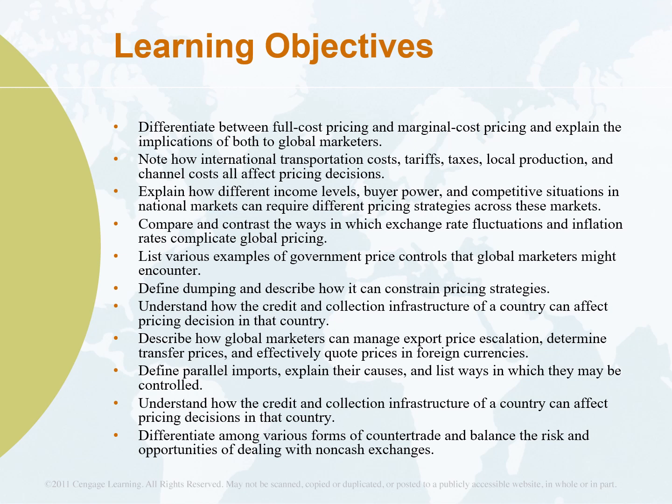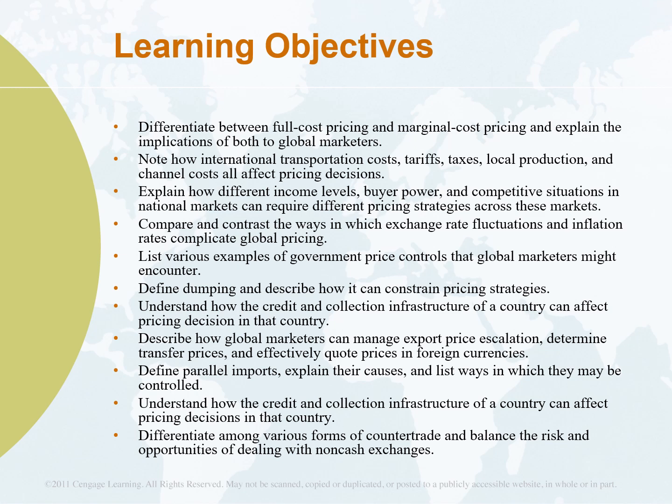List various examples of government price controls that global markets might encounter. Define dumping and describe how it can constrain pricing strategies. Understand how the credit and collection infrastructure of a country can affect pricing.